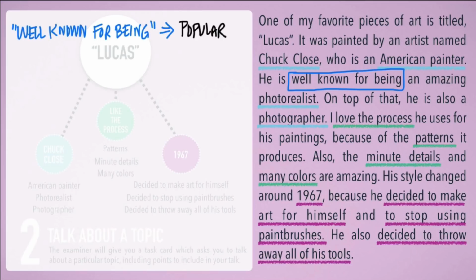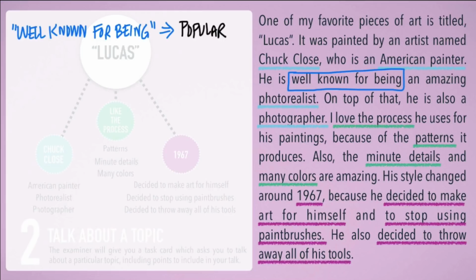In front of this pattern, I say the person's name that I am talking about. Then I say is well known for being, and after that, I give a fact or I give some piece of information that proves their popularity. He's a good actor, or he also looks very handsome. So he is well known for being a handsome actor.